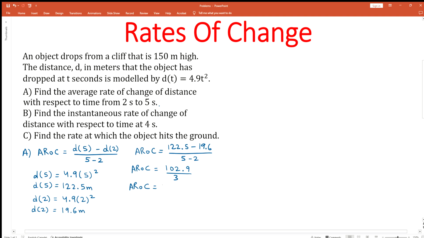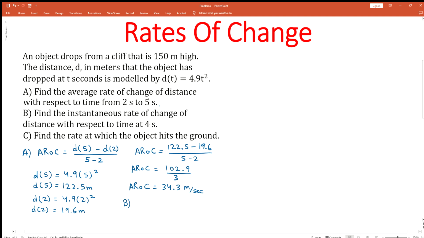I get 34.3 and the unit is meters per second because the unit of distance is meters and the unit of time is seconds. This should be the final answer for part A. Now we can answer part B.